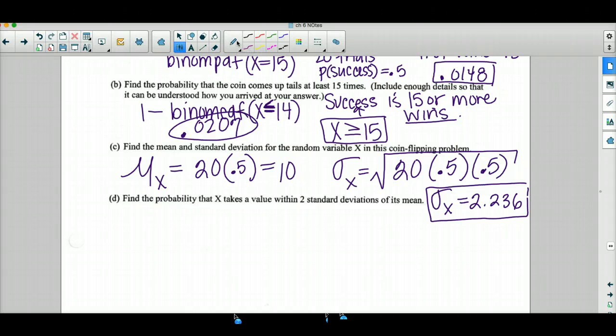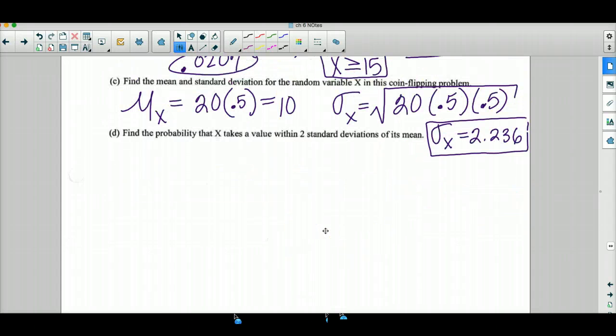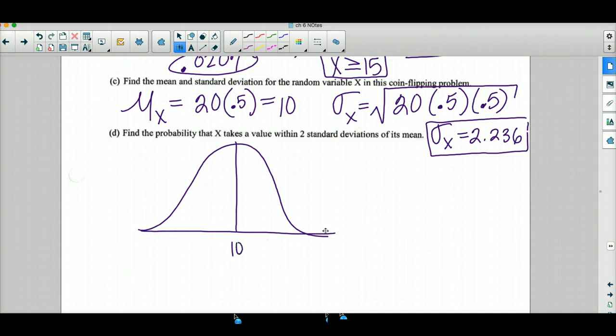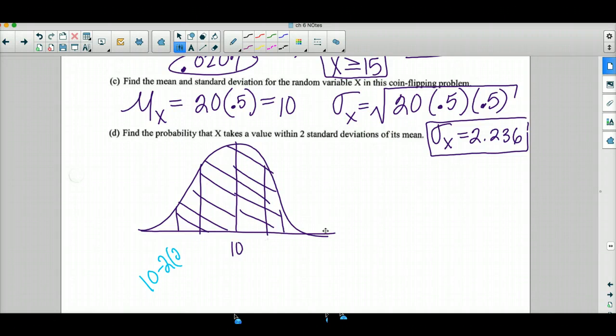Now, you already know what this is going to be. What's it going to be? 68%, and it's probably going to be 68.26 because I know that's 2 standard deviations kind of exactly, but this is what we would do. We've got the center. We want to know if this is 10, what's the probability of being within this, from here to here? And this would be 10 minus 2 standard deviations.